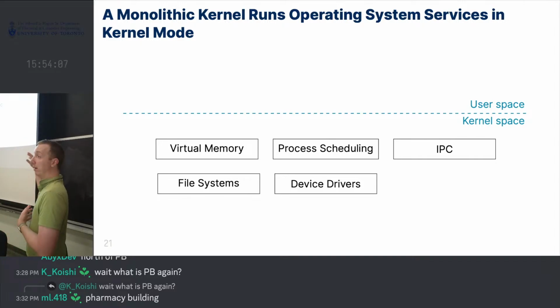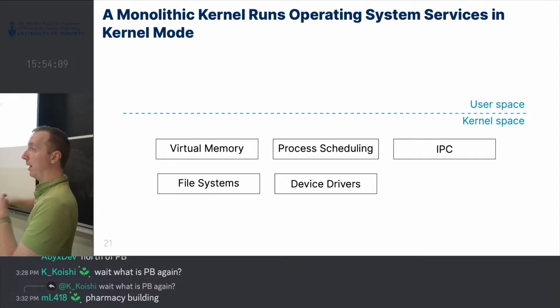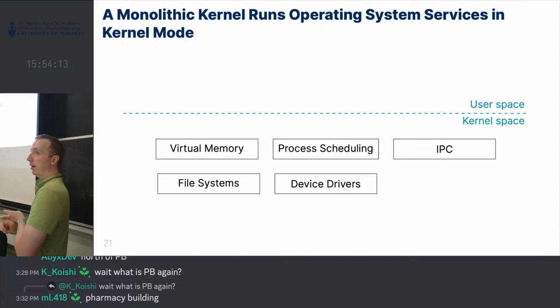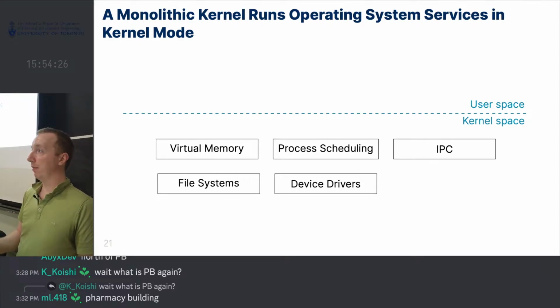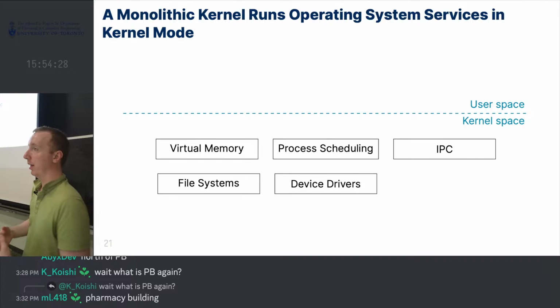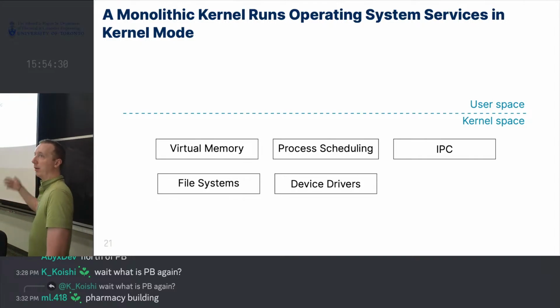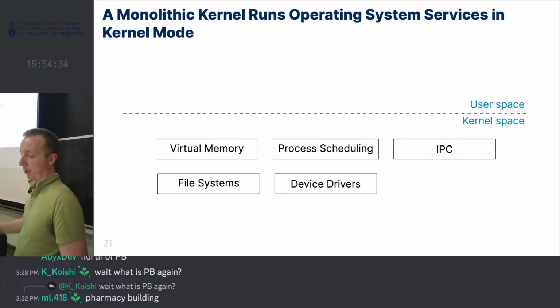But in this architecture, the kernel is responsible for managing virtual memory. It's responsible for managing process scheduling, which is what executes on the CPU at any given time. Responsible for IPC, or inter-process communications. It will be responsible for any file system code, so how you actually read data from a device, what formats it's structured in, and device drivers, so how to talk to a video GPU, how to talk to all sorts of controllers on your machine.